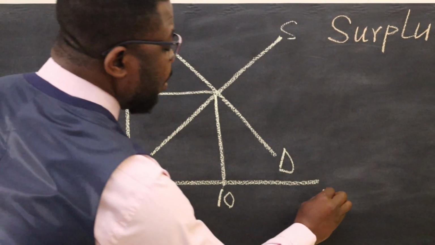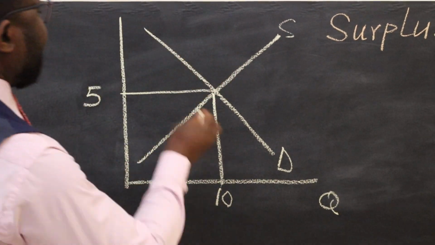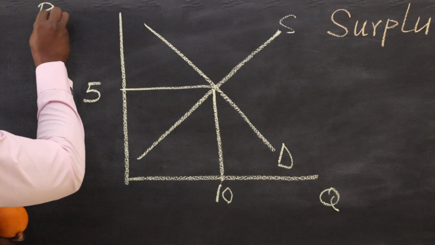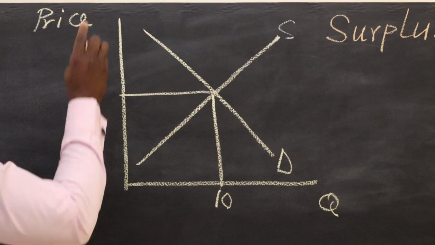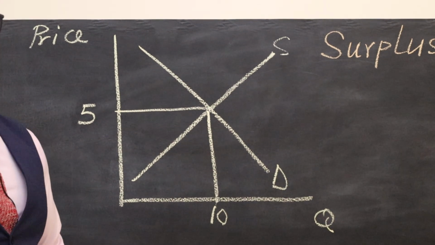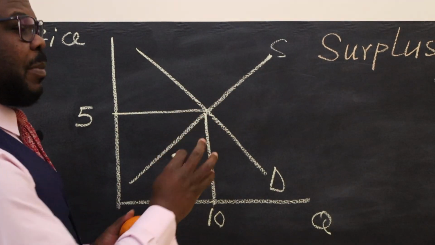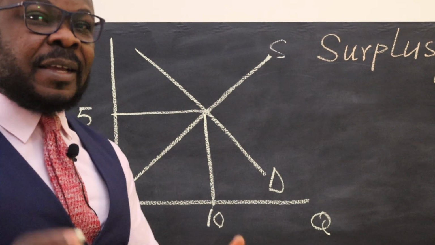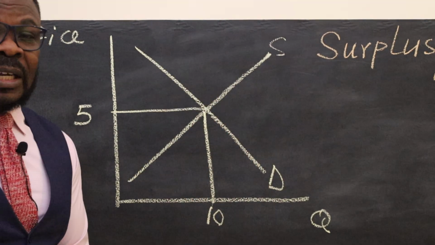Again, we have our quantity here. So this is our standard equilibrium situation. Normally you have an E here, but because I don't want to make the graph too busy, I'm going to exclude the E from the analysis.